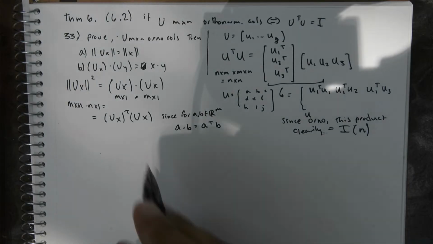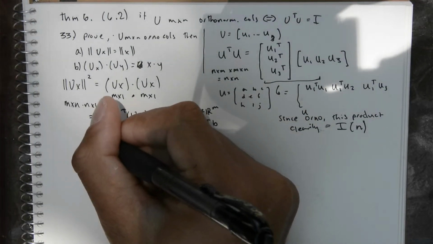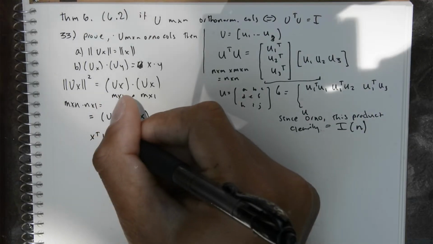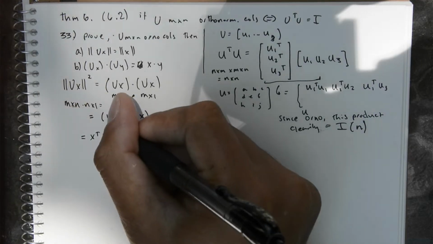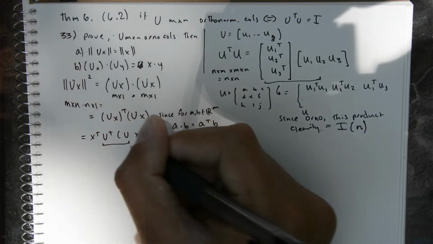Okay, so now that we have this, I guess then we get x transpose u transpose ux. But this becomes the identity.